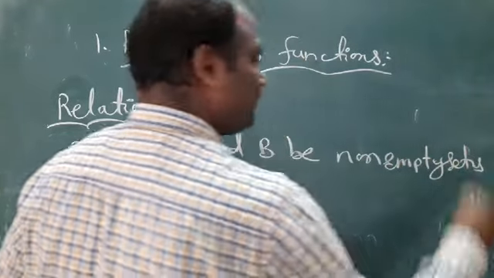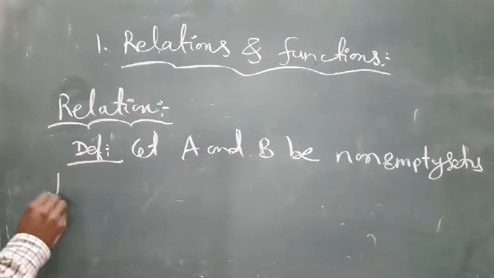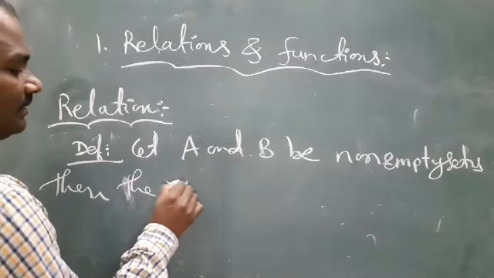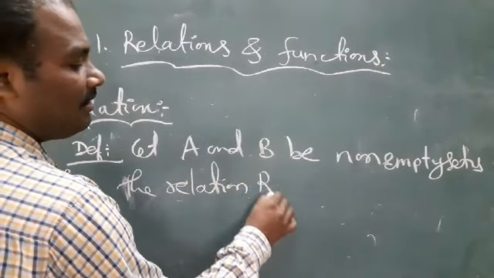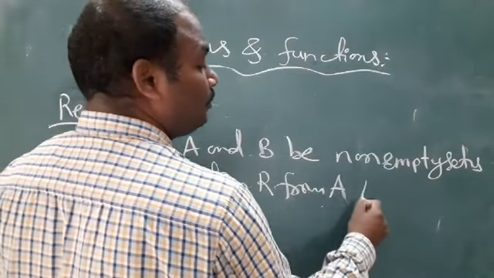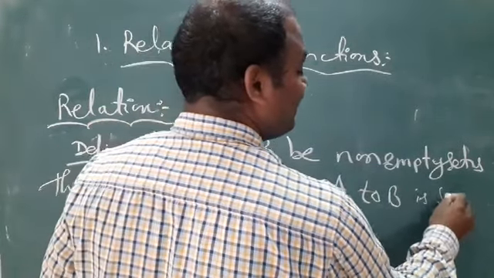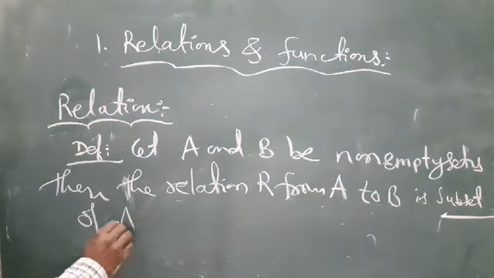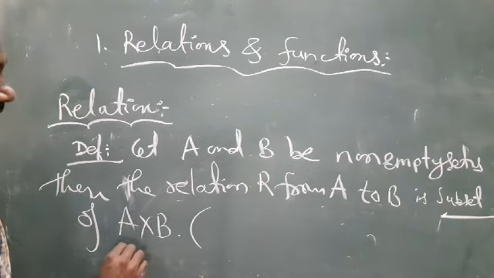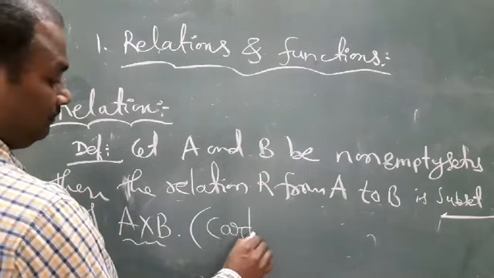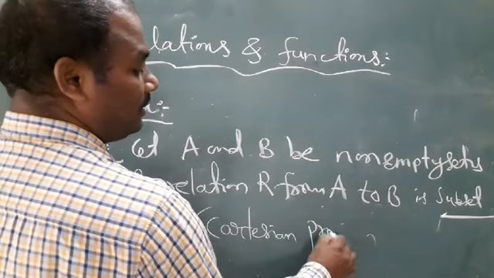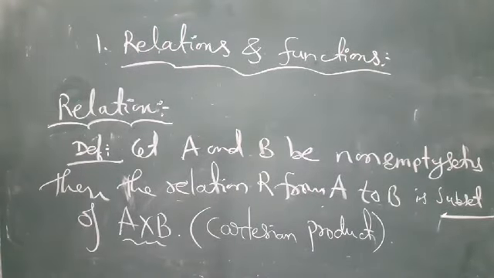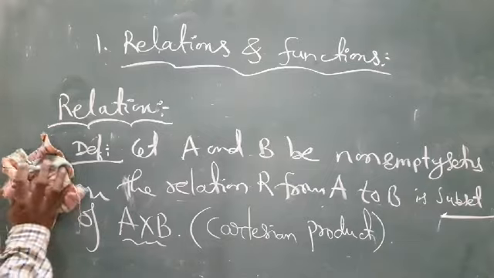Then the relation R from A to B is, this is the main point, a subset of A cross B. Here A cross B means the Cartesian product. Do you understand? Yes.